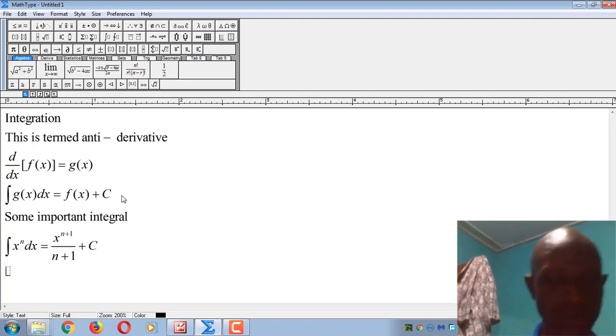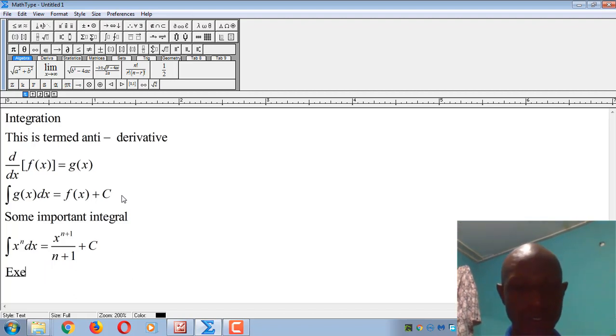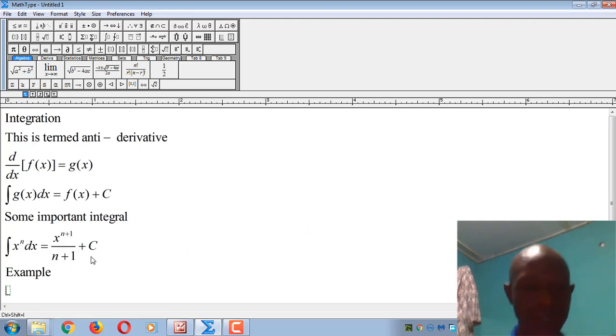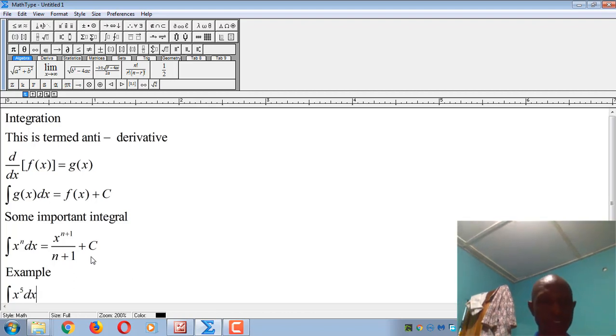Now, let's see an example on that. Imagine we are given the integral of x raised to the power of 5 dx. You just follow the simple formula.